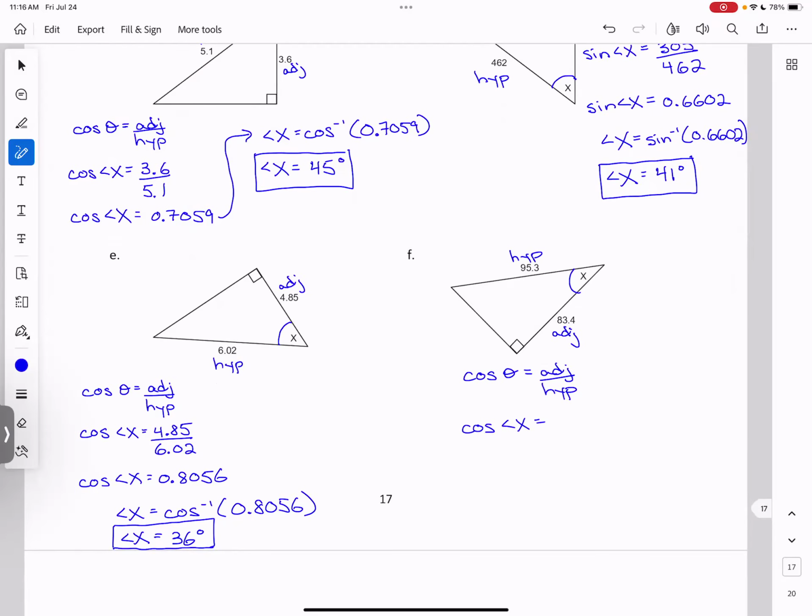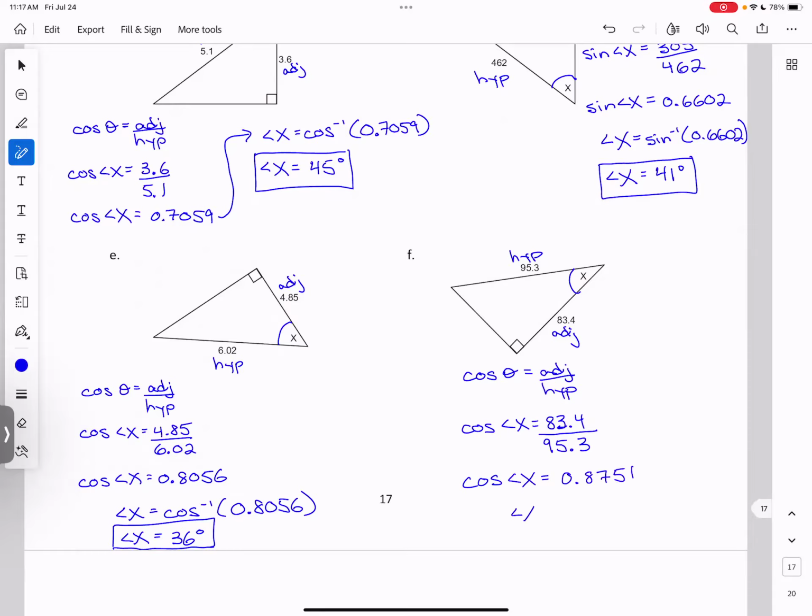Okay, so cosine is 83.4 over 95.3. And the decimal equivalent of that ratio is, out to 4 decimals, 0.8751.